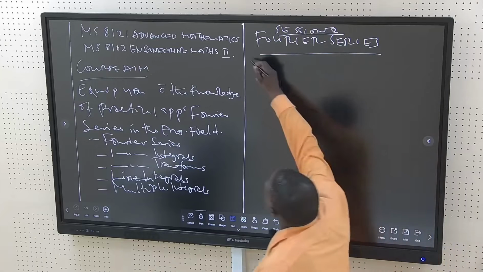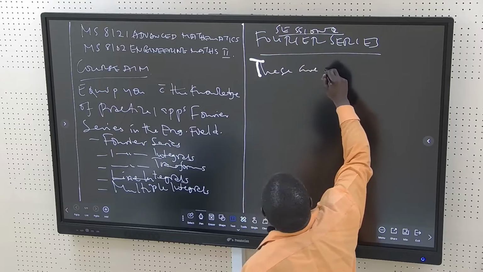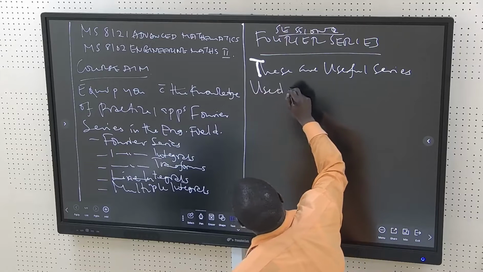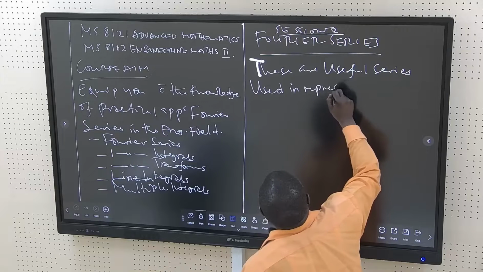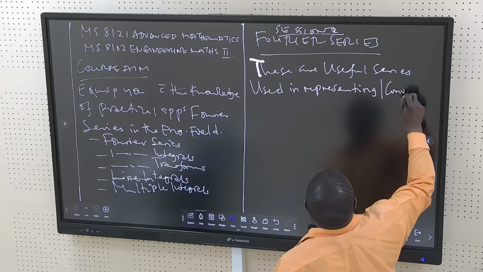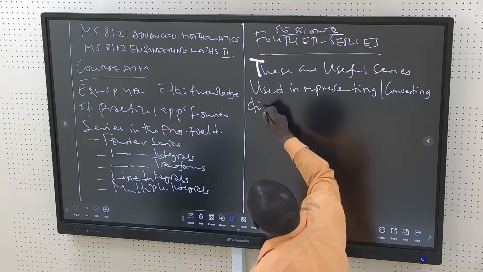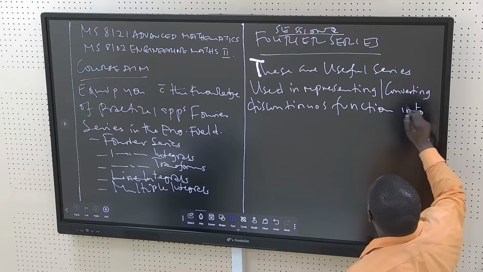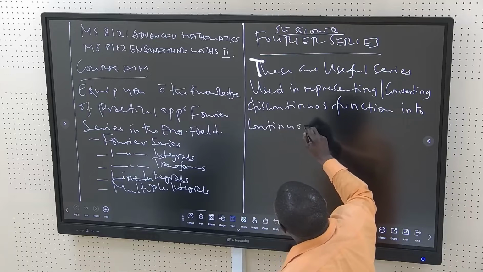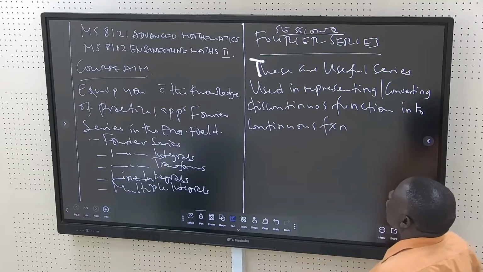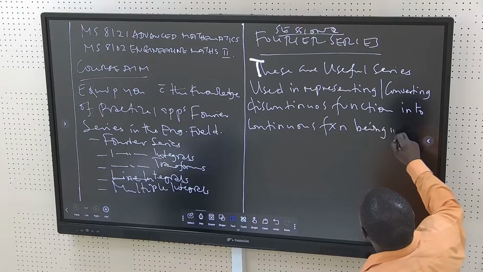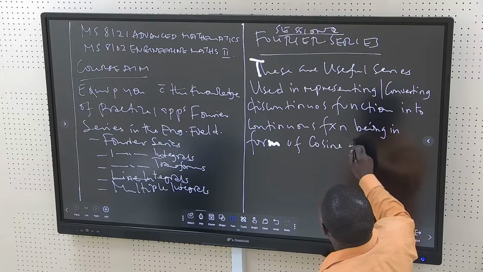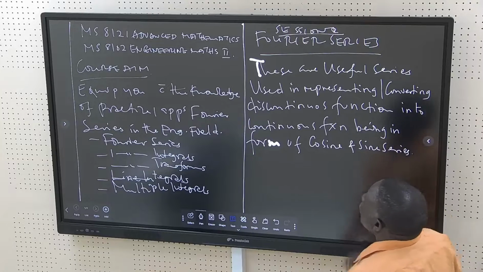So these are Fourier series: useful series used in representing or converting discontinuous functions into continuous functions, but these are continuous functions in the form of cosine and sine series.